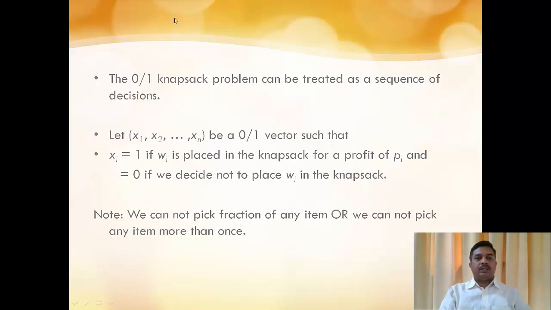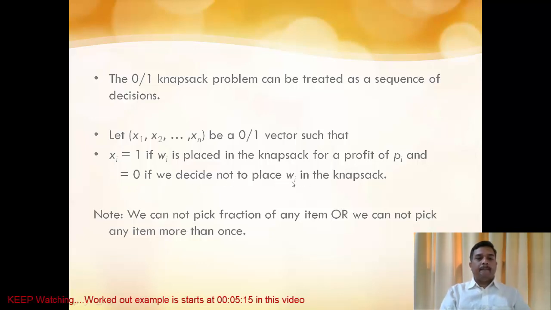The 0/1 knapsack problem can be treated as a sequence of decisions, and let x1, x2, xn be a 0/1 vector such that xi equals 1 if wi is placed in the knapsack for a profit of pi, and xi becomes 0 if we decide not to place the item with weight wi.